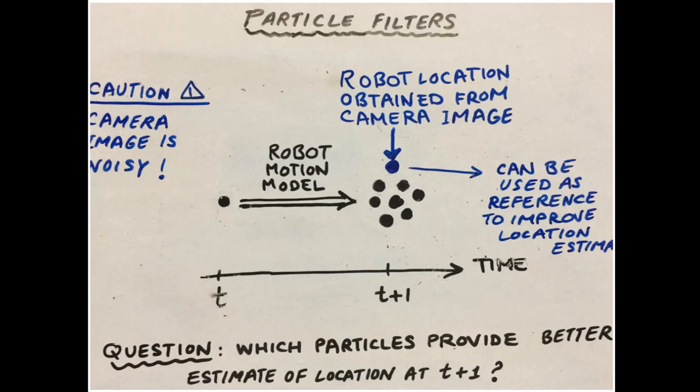So the question is, which particles provide a better estimate of robot location at time t plus 1? We're going to answer this question by using a reference, and the reference is the robot location obtained from the camera.